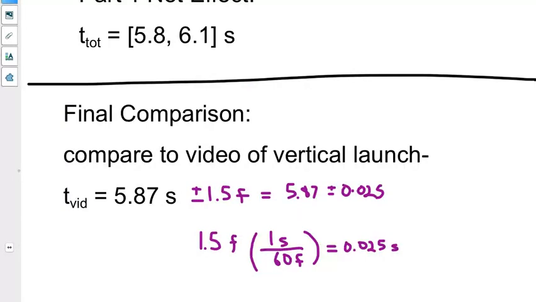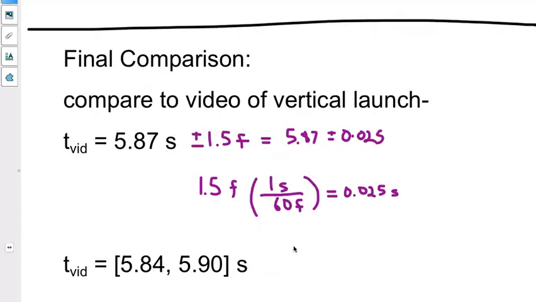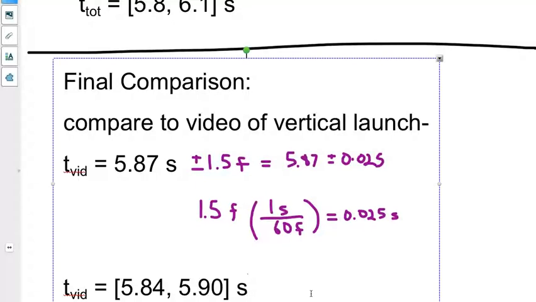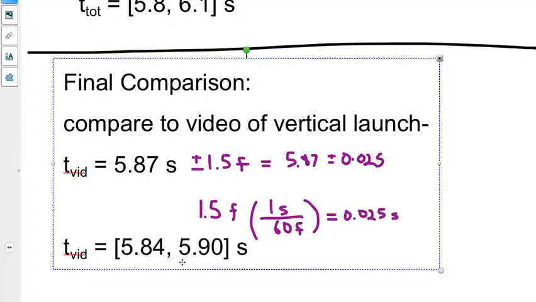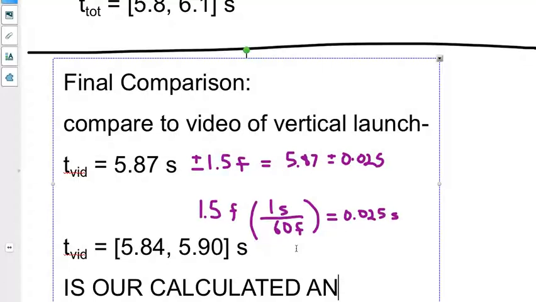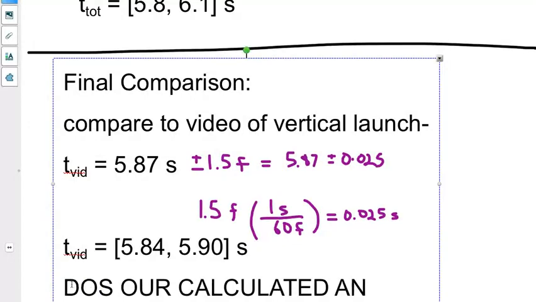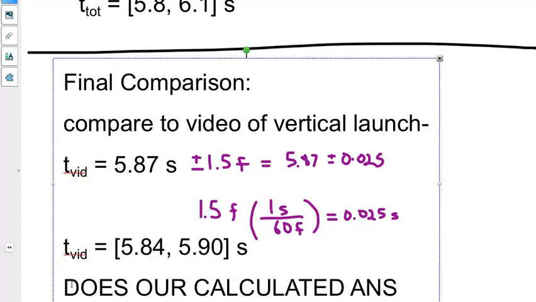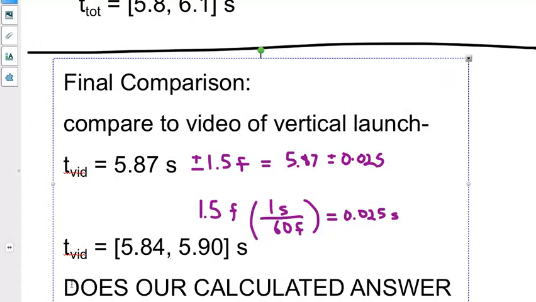And so here is actually where you make your comment that basically says, hey, there was purpose to doing all this. Here it is. Does our calculated answer get verified by the video?